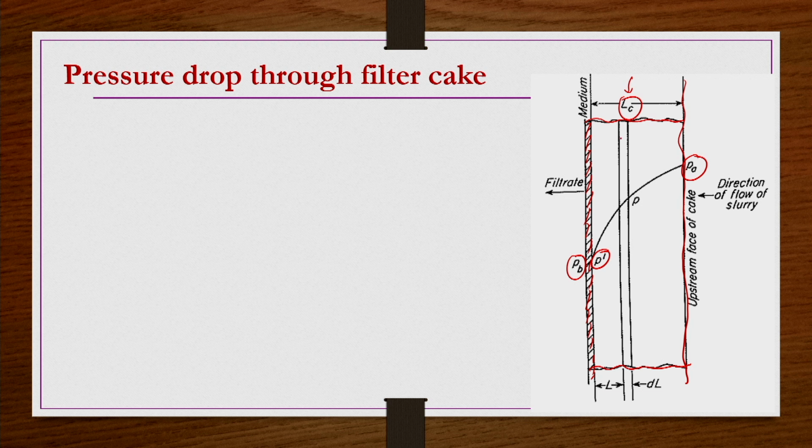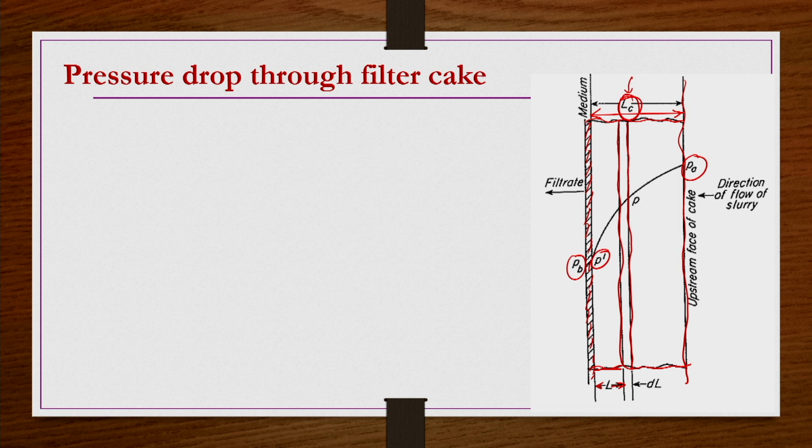Within this cake of thickness Lc, you take a particular location at a distance L from the filter medium. Please note that Lc is measured from the filter medium side.